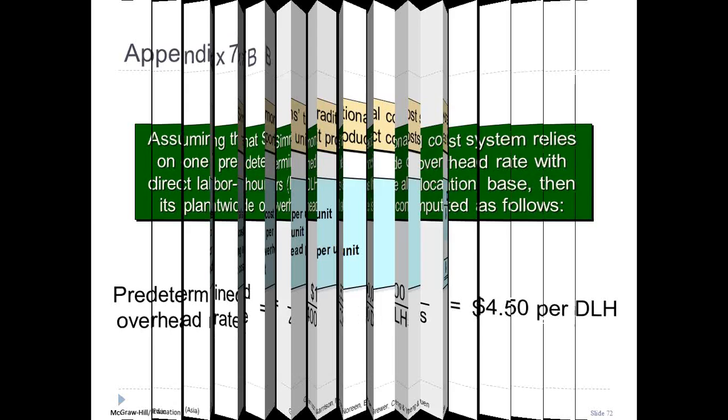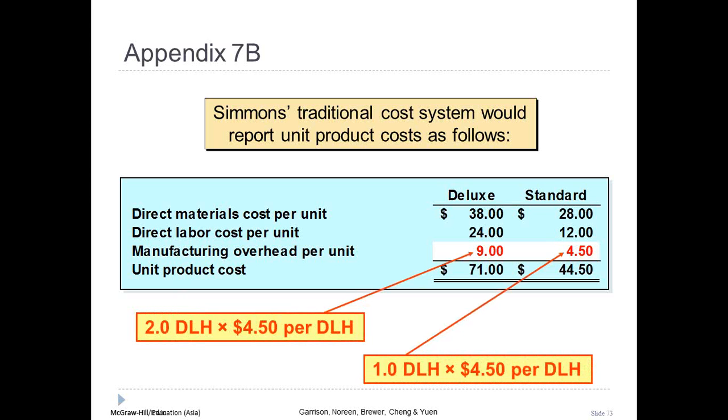Simmons' traditional cost system would report unit product costs as shown here. As you can see, the Deluxe product line is assigned $9 of overhead costs per unit, and the Standard product line $4.50 of overhead costs per unit.